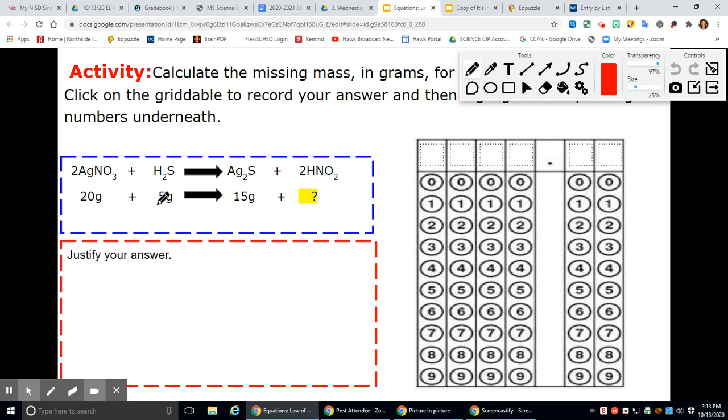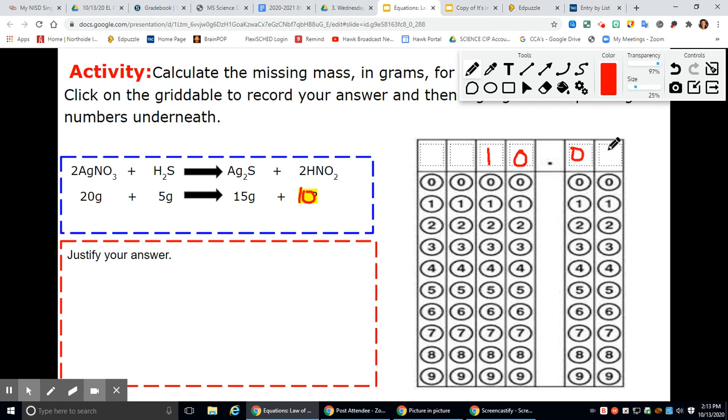So if you're starting with 25 grams here in your reactants, you must have 25 grams in your products. So what's the missing amount? 10. 15 plus 10 will give us 25, so the mass in grams of our product will equal the mass in grams in our reactants. How will we grid the whole number 10?